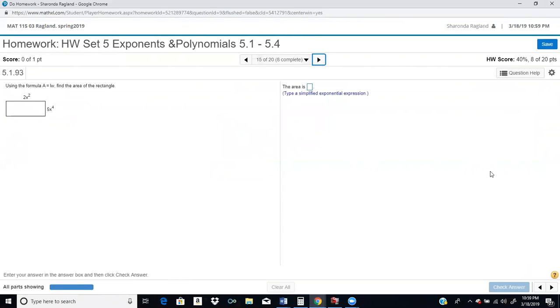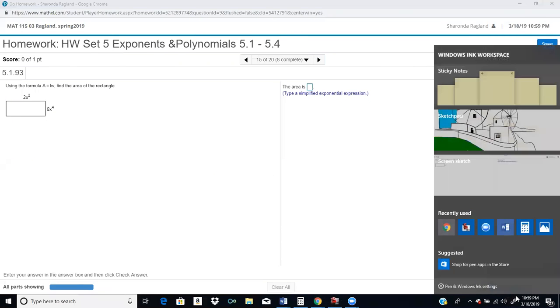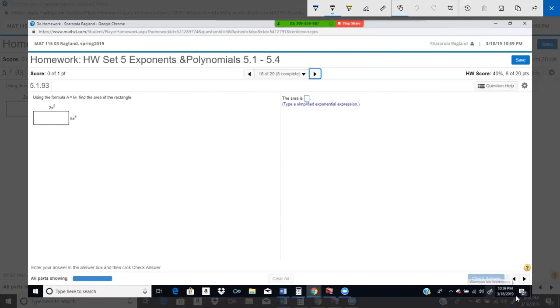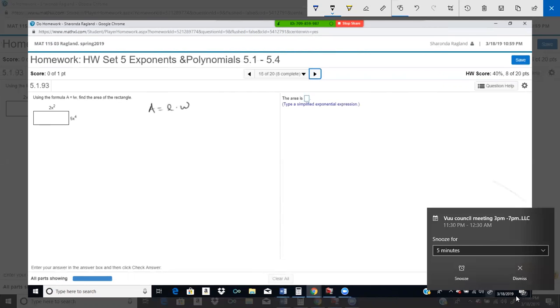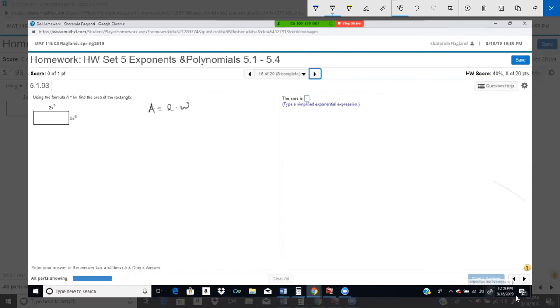All right, here we are using the area of a rectangle to find the area of this rectangle. So basically, length times width. Area is equal to length times width, and we have 2x squared times 5x to the 4.